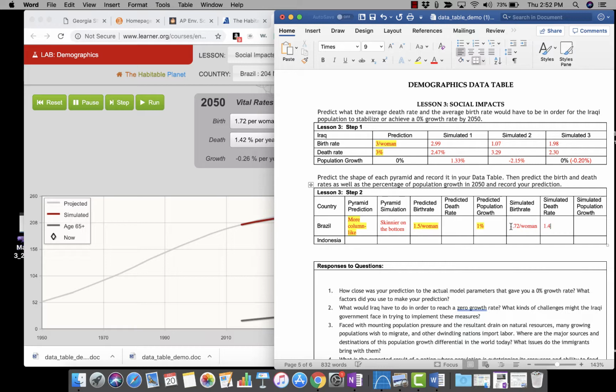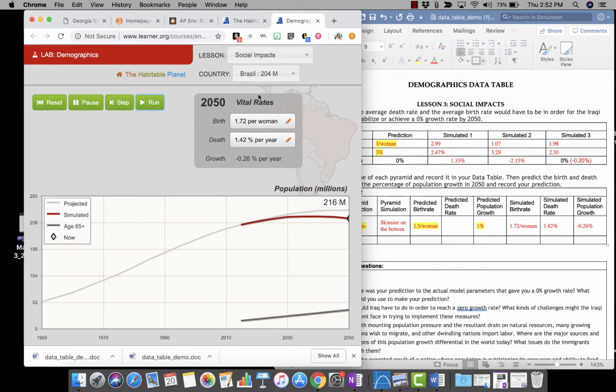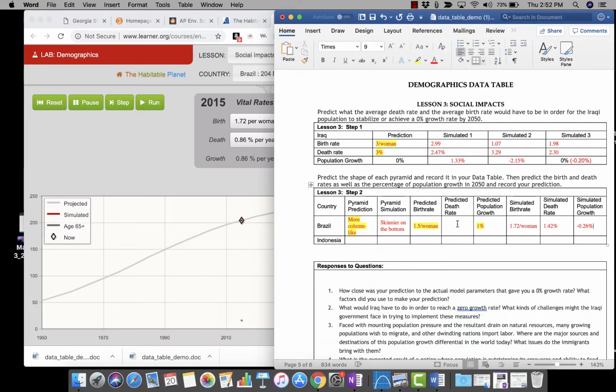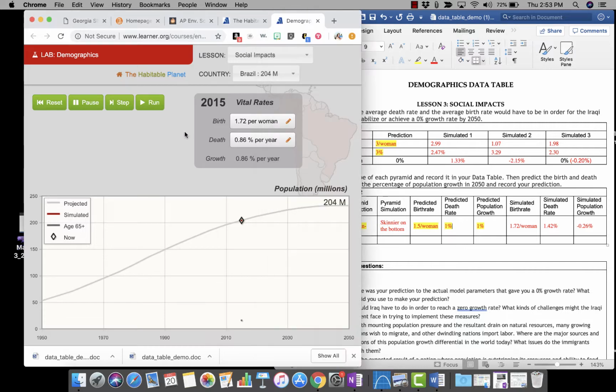The death rate was 1.42. And the growth was, okay, so my growth rate was way off, right? It's 0.86 now. Let's just do another 1. I'm trying not to look at what I had before. Okay, so let's see what happened. So we weren't really all that correct at all, but that's okay.